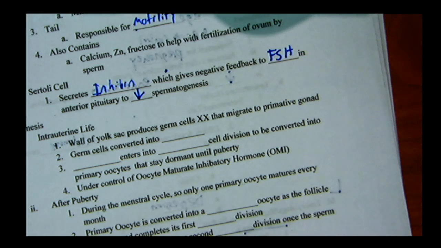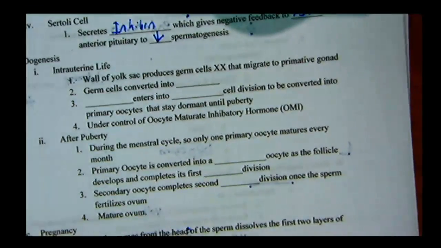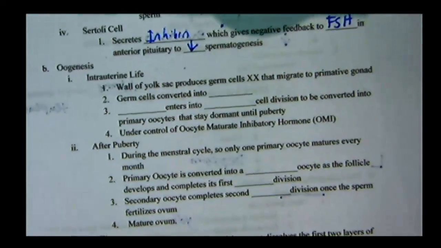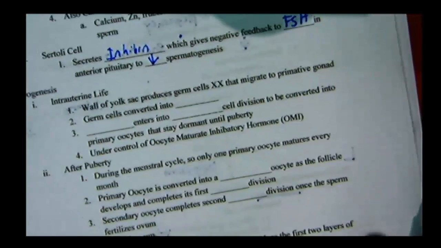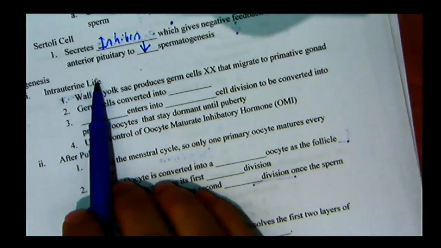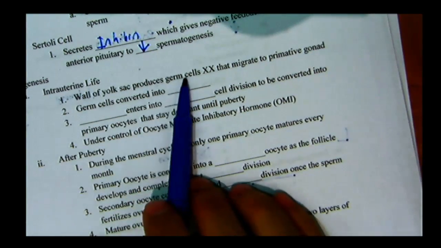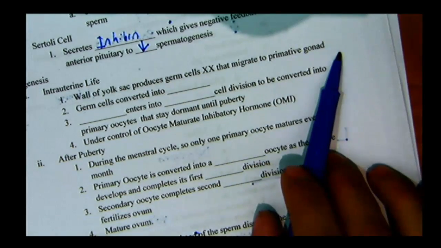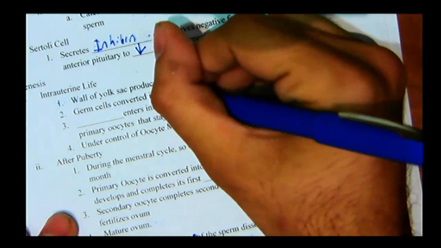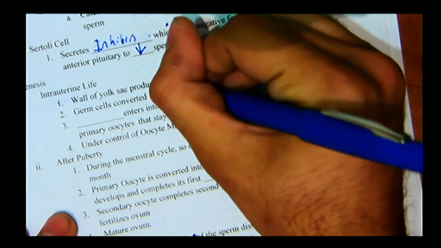Okay. So now we have oogenesis. I always thought it should be pronounced oogenesis. So during intrauterine life, the wall of the yolk sac produces germ cells, XX, that migrate to the primitive gonad. Germ cells are converted into what? Oogonia. Oogonia enter into what cell division? It's actually meiotic, to be converted into primary oocytes and then stay dormant.